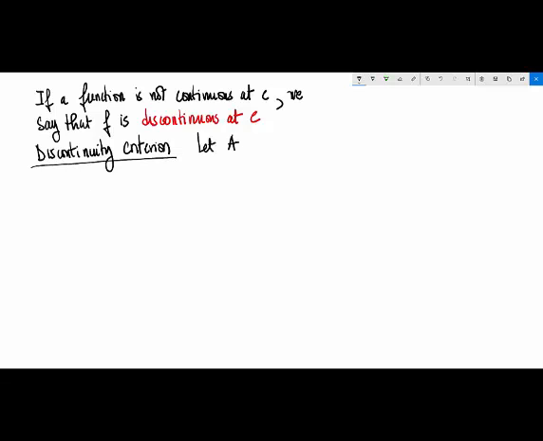Let A be a subset of the reals, and let f be a function between A and the reals.